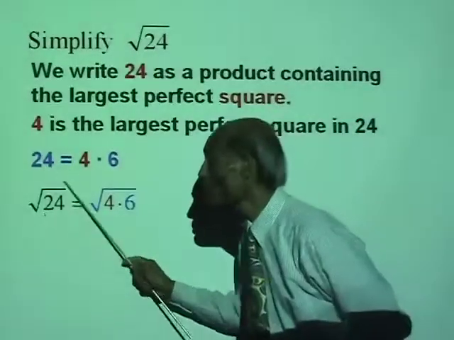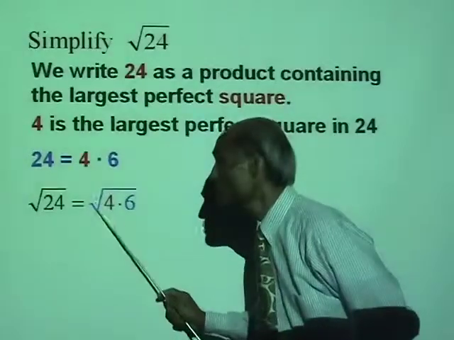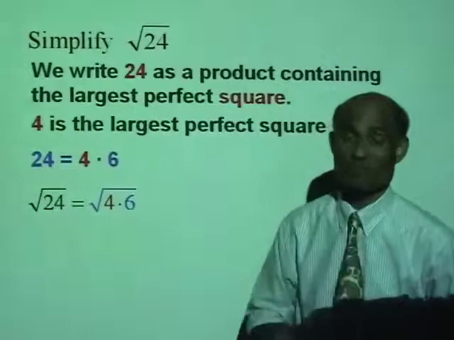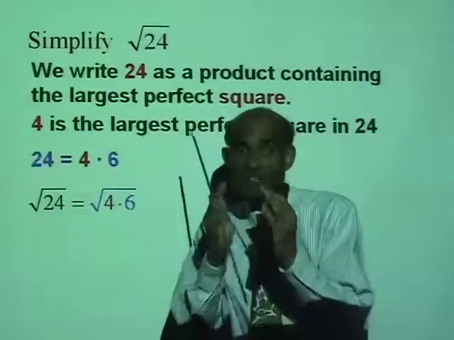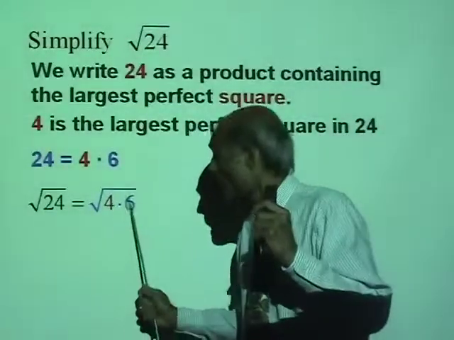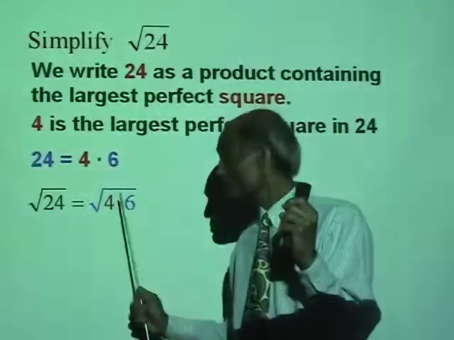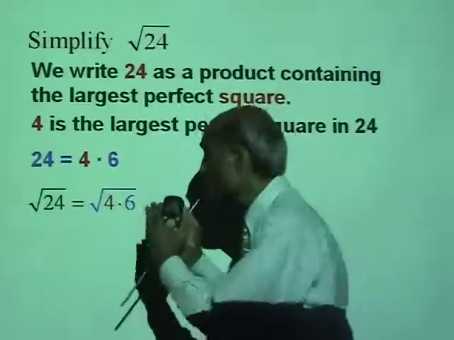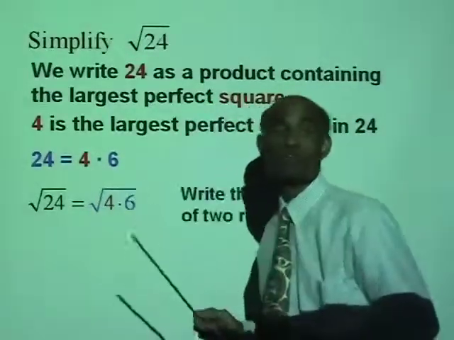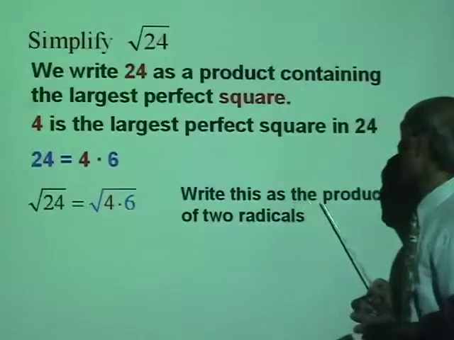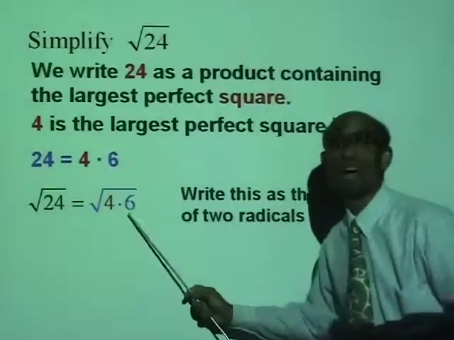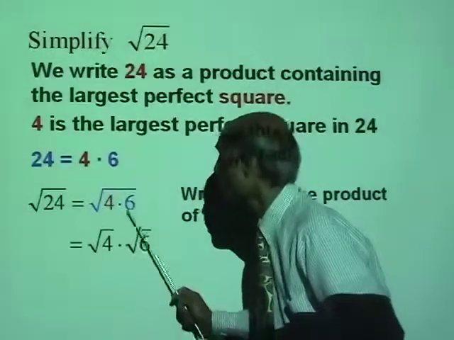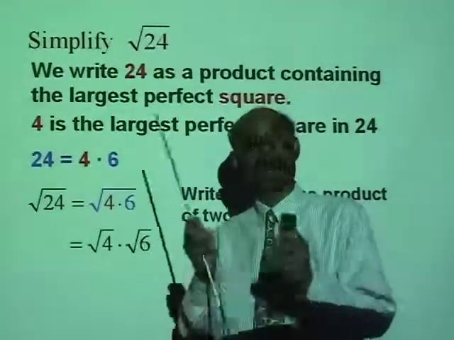Therefore, square root of 24 is written as square root of 4 times 6. And now what is the next step? We have now written it as the product of a perfect square and another number. Your next step is to separate this into two radicals. Write this as the product of two radicals using the product rule. That will be square root of 4 times square root of 6.